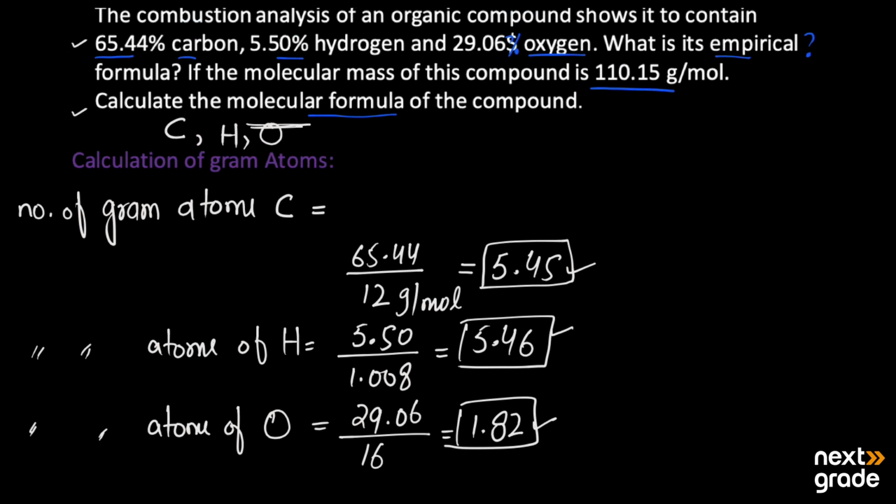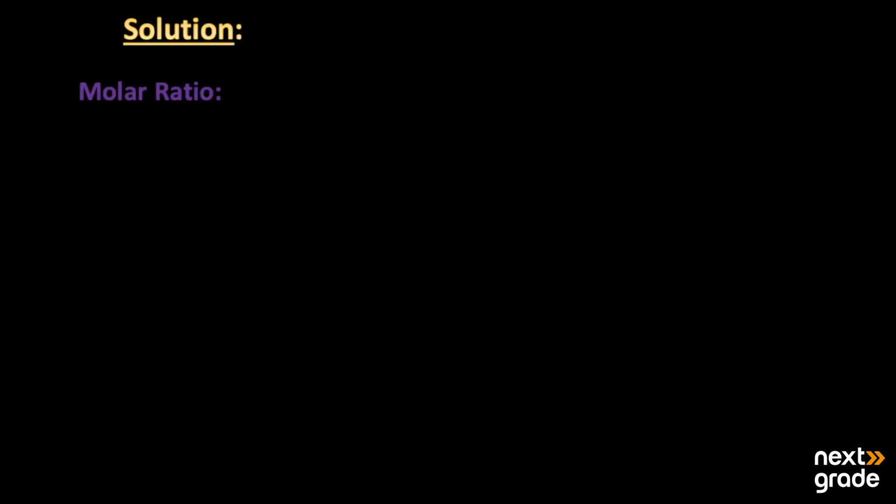After that, the next step is to find the molar ratios. To find the molar ratios, we have to compare the different ratios. Here carbon is 5.45, hydrogen is 5.46, and oxygen is 1.82.